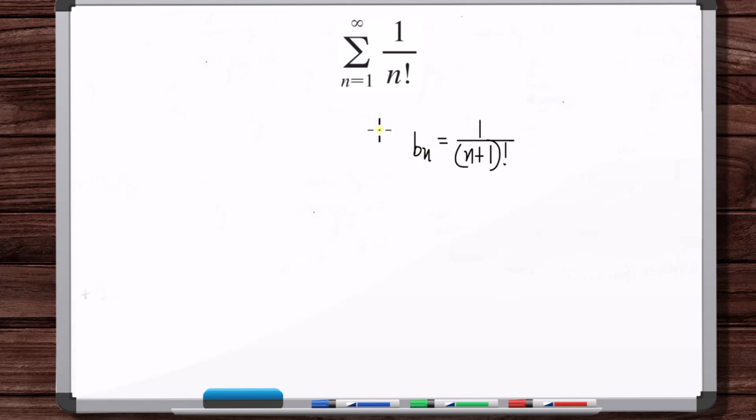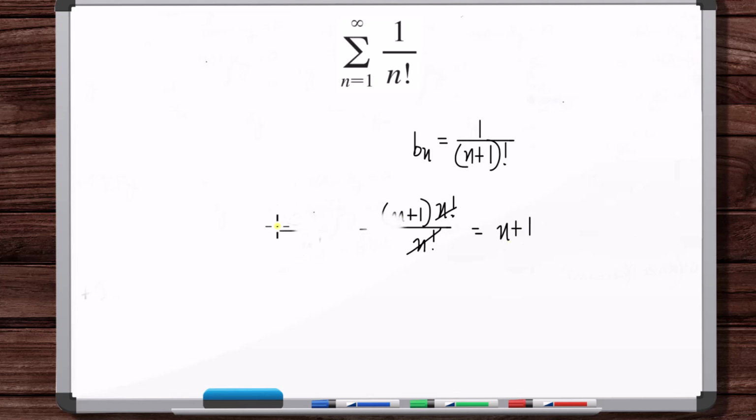If we divided a sub n by b sub n, what we get is n plus 1 factorial over n factorial. So what do we do with this? Well, this is n plus 1 factorial, so this simplifies to n plus 1.